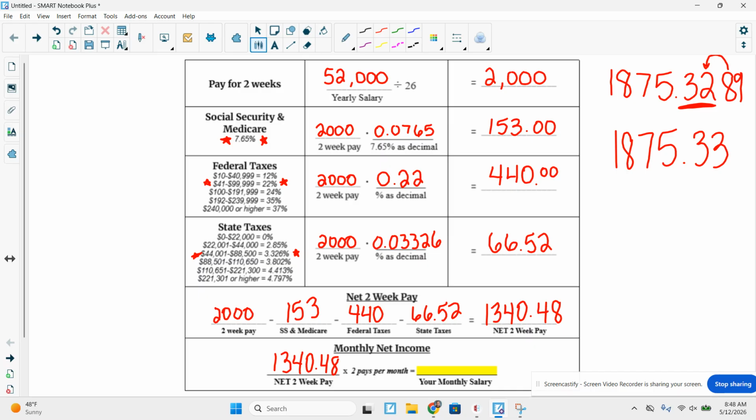So when I multiply it by 2, I get $2,680.96. That number right there is going to be the most important number for your project. That's going to tell you how much money you can spend on different things for the project.